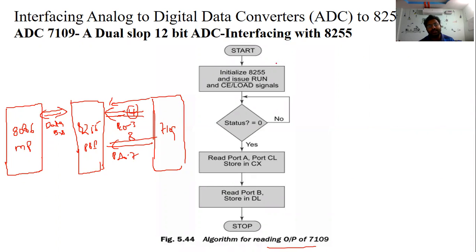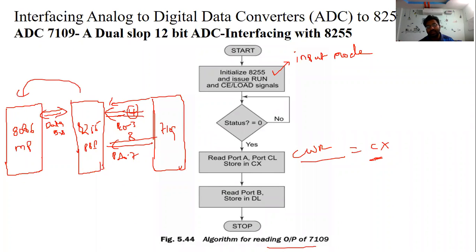First of all, you initialize the 8255 PPI. In which mode? Initialize the 8255 PPI in input mode, not the output mode. Once it is initialized, load the CWR, then store the data available from this 7109 into the CX register.